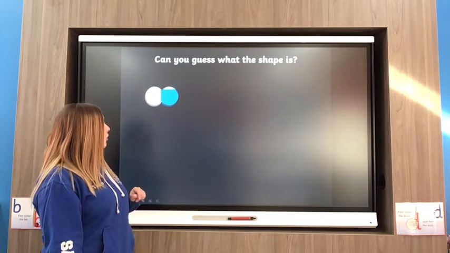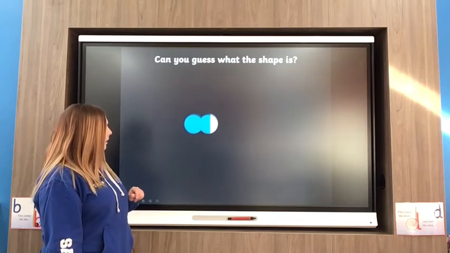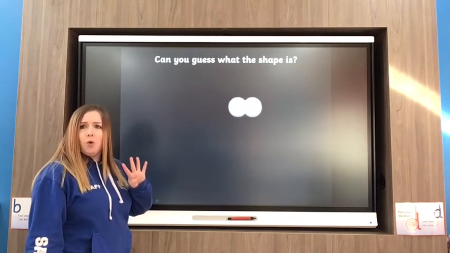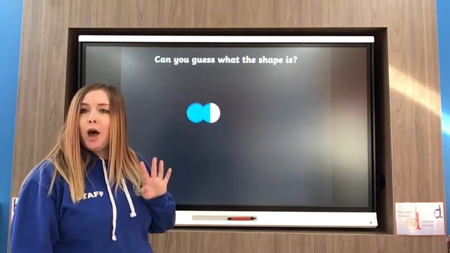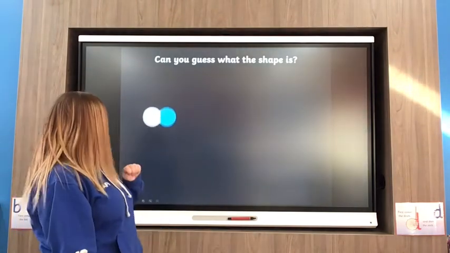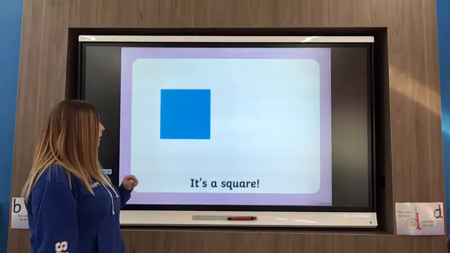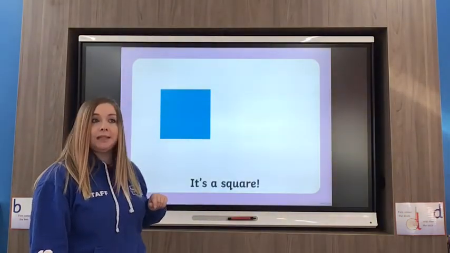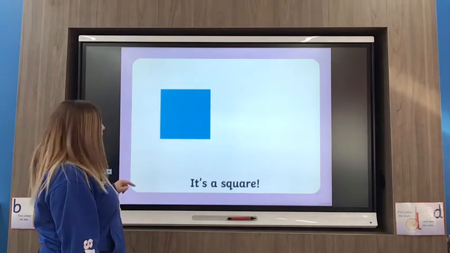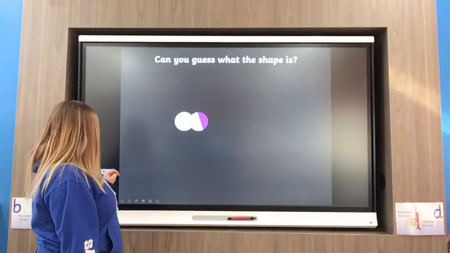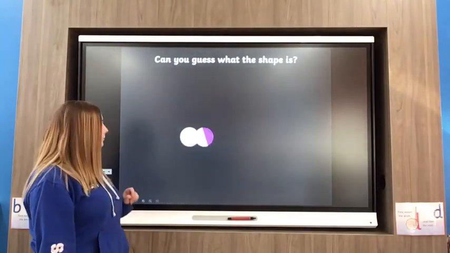Okay, so we've got some straight edges again. Now I can see 4 edges, but are they the same length or are they different? Okay, so they're all the same, so that makes it a square. Next one.